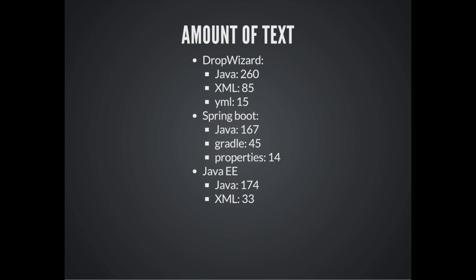Not by much, but still. Java EE and Spring are more or less equal. Spring has slightly less Java code, and Java EE has slightly less of other stuff. But Java EE also has some configuration of the application server, the data source pod, which would correspond roughly to these 14 lines.